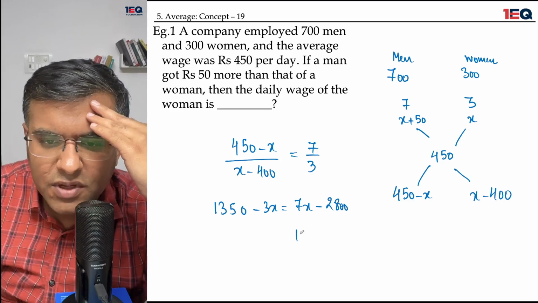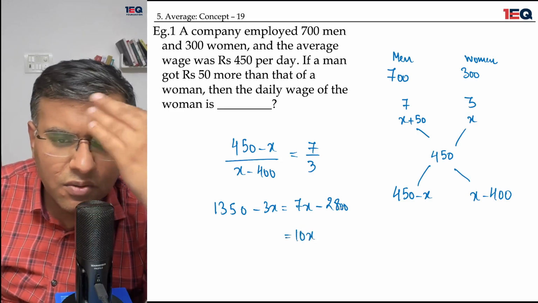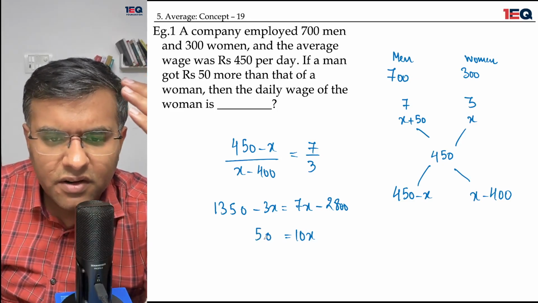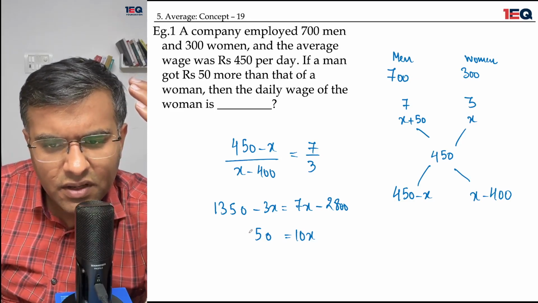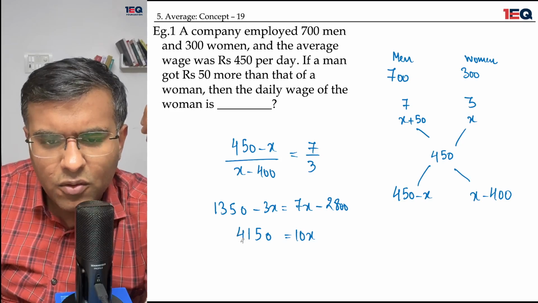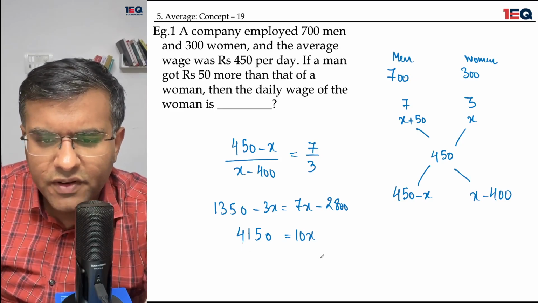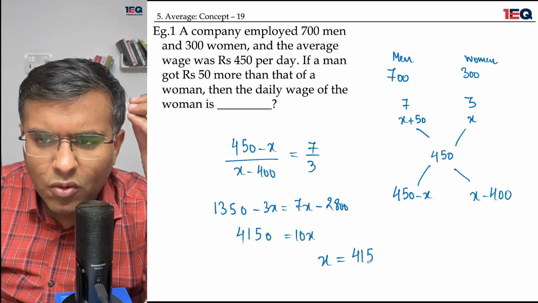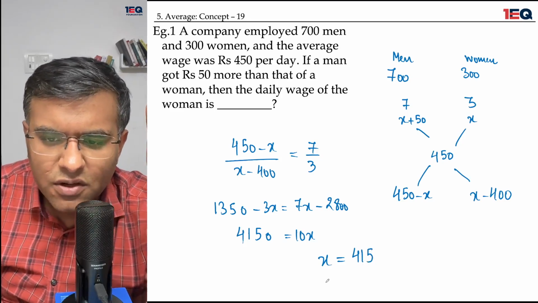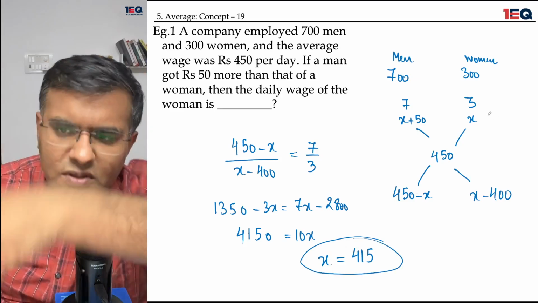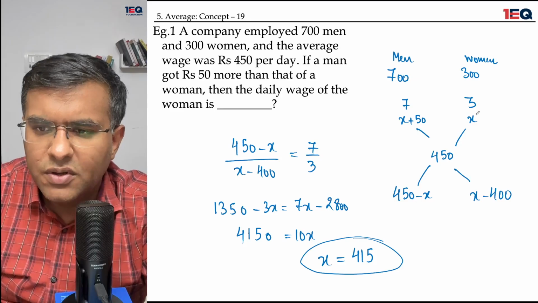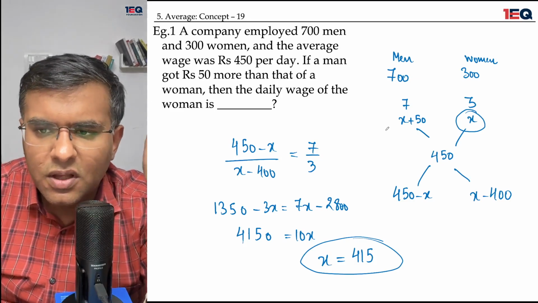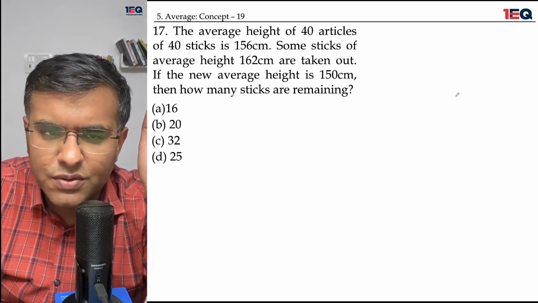So 10x is equal to 4150, and we get the value of x as 415. The daily wage of a woman is 415 rupees because we had assumed that the wage of a woman is equal to x. This was the allegation method.